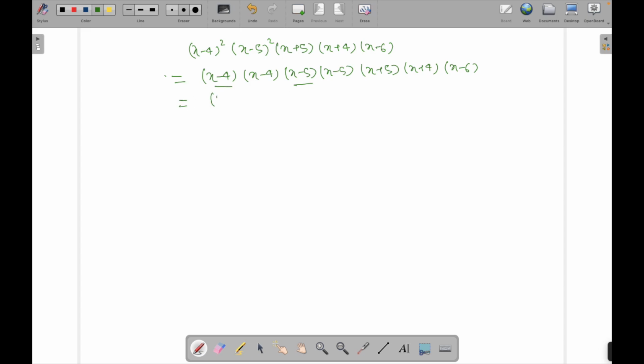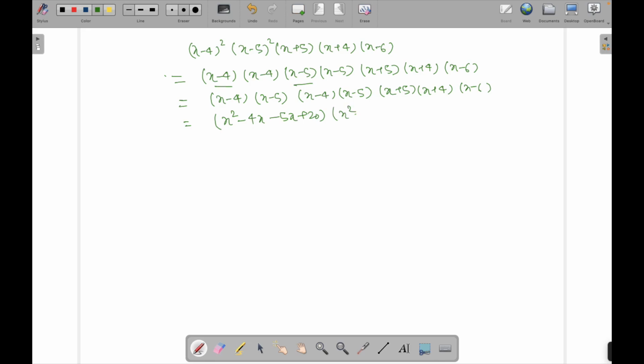So when I combine this (x minus 4) into (x minus 5), and then here too I will combine (x minus 4) into (x minus 5). Why am I doing it? Because there is an expression which is involving 9x, and this is what I am seeing over here, and then (x plus 5) into (x plus 4) into (x minus 6). So what do I get here? If I multiply, I'll get x square minus 4x minus 5x plus 20.